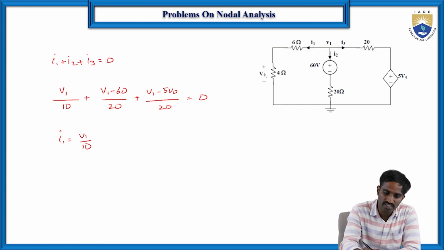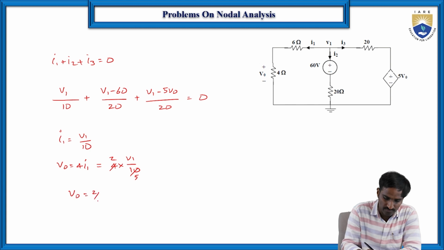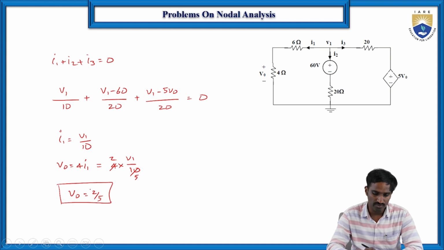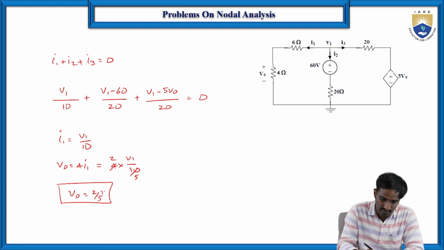Then the voltage across this 4 ohms resistor, V naught, is equal to 4 into I1, where I1 is V1 by 10. Two 2s and two 5s, so V naught is equal to 2 by 5 into V1.